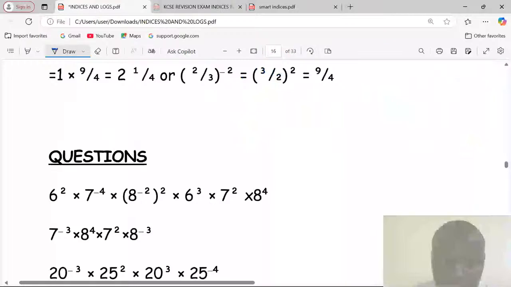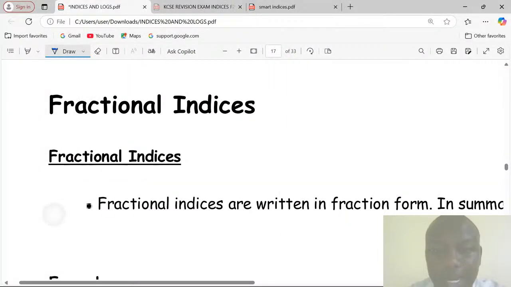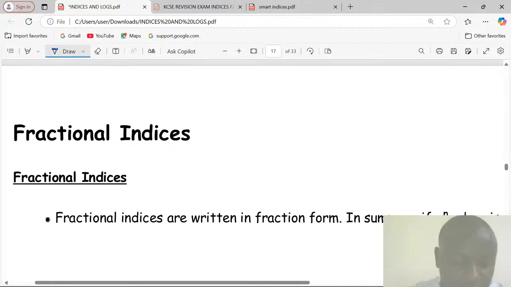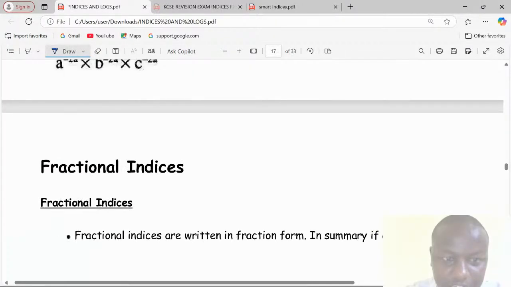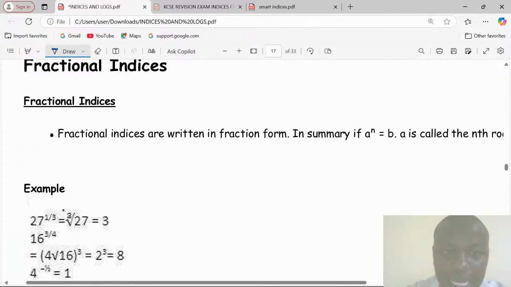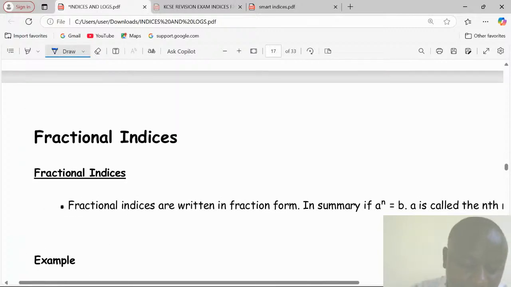There can be more questions of the same, but now allow me to introduce to you the fractional law of indices. The fractional law of indices says that you can be given a number which has been raised to a power which is a fraction.